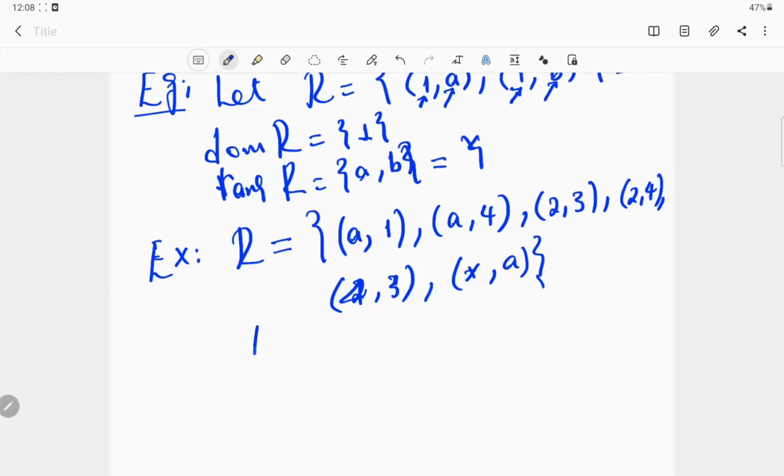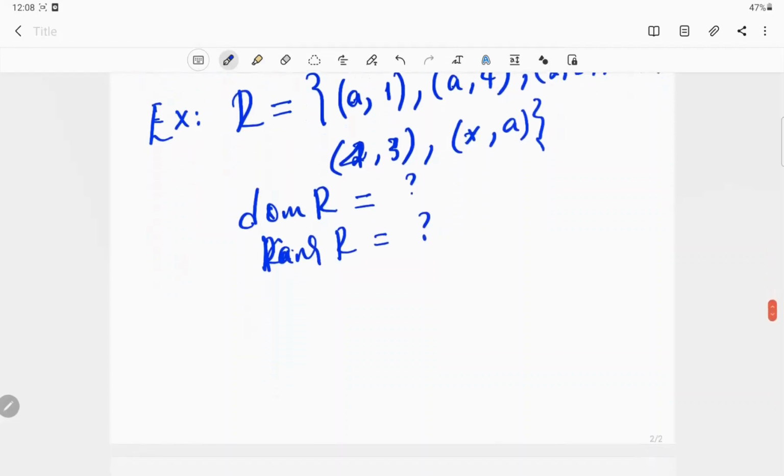You are asked to write the domain of R and the range of R. Please write your answer in the comment section.